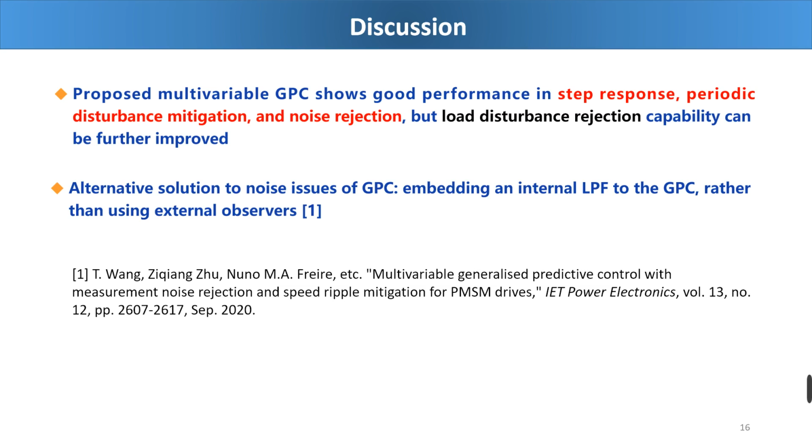As an alternative solution to noise issues of GPC, we can also enable an internal LPF in the GPC rather than using the external observer. About this topic, we have published another journal paper. If you are interested in this topic, you can search for this paper.